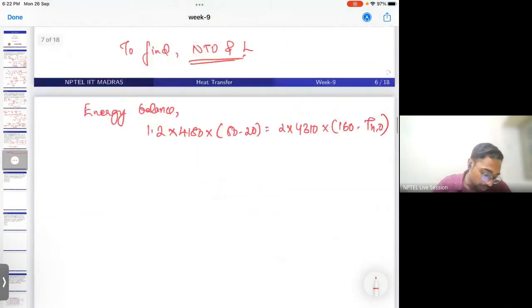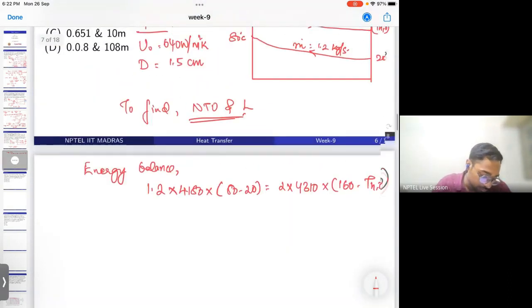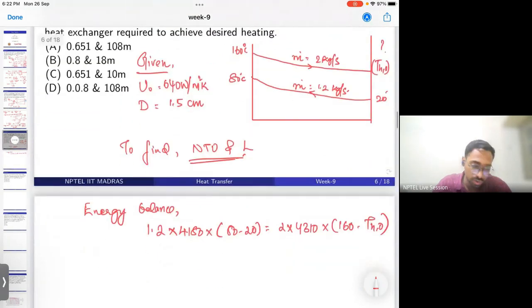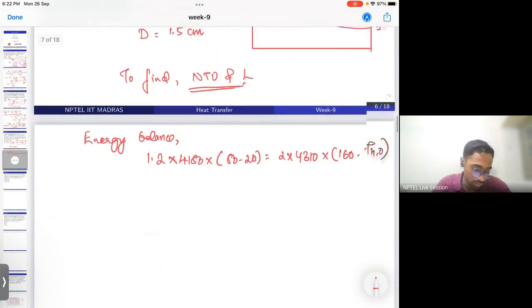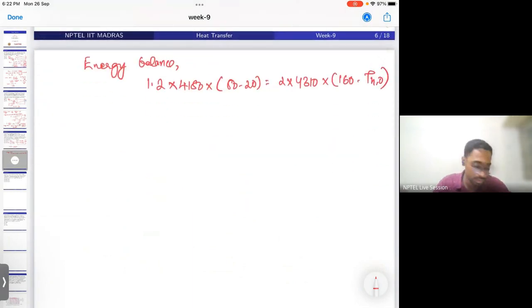But for NTU, so this is a parallel flow heat exchanger, right? Sorry, it's not, it's a counterflow heat exchanger. So we can find out what is epsilon in this case, right?